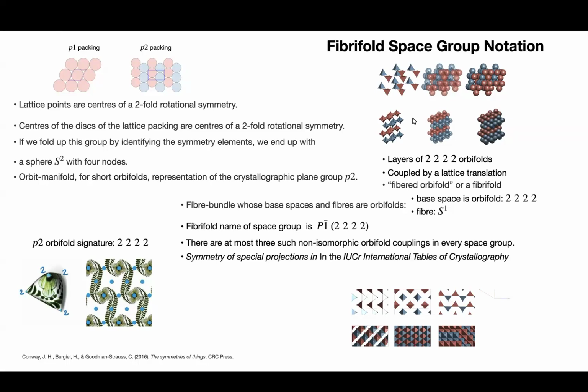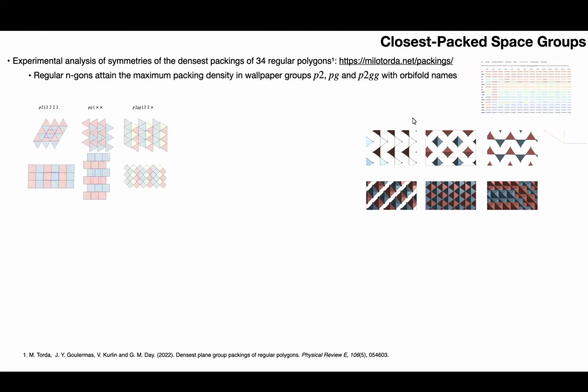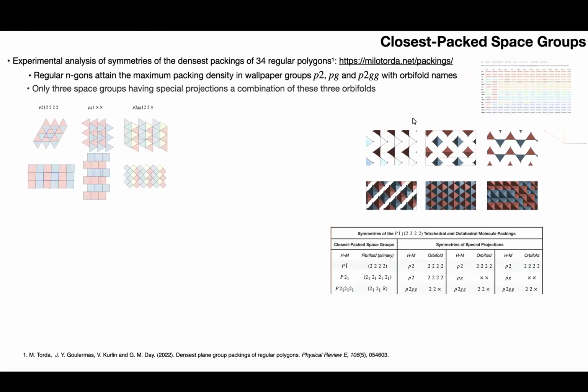These directions represent special projections, symmetry projections in the crystallography table. These are the projections for the octahedral and tetrahedral cases. Based on this, we did some work on plane group packings.